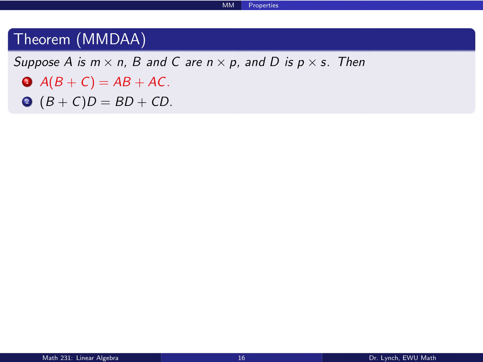So we'll go ahead and prove this property using matrix multiplication by entry. We just start off with the definition of matrix multiplication by entry, the element in the ith row and jth column of the product between the matrix A and the matrix B plus C. Okay, so now we know how matrix addition is defined, right? Matrix addition is defined component-wise.